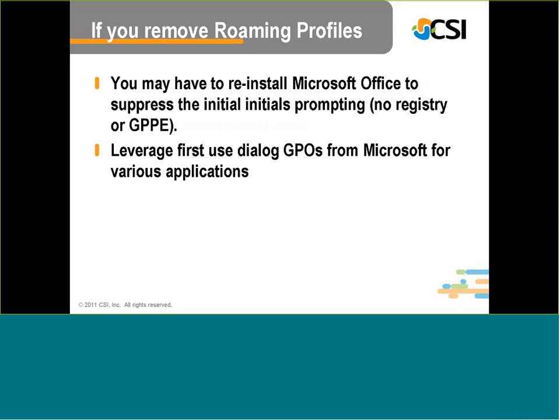The Internet Explorer first use, the Microsoft Office first use, the Adobe Acrobat first use, blah, blah, blah, all comes up, and it's really a nuisance. Now, most of that stuff you can go into GPOs and leverage. You can tell Adobe, don't give me the splash screens, don't give me the EULA acceptance screens, just give me Adobe Reader. You can tell IE not to do the first use stuff.